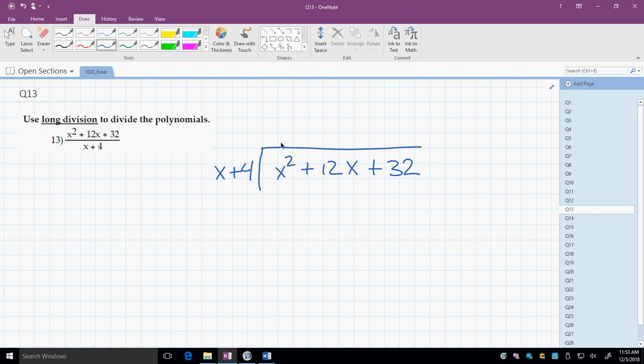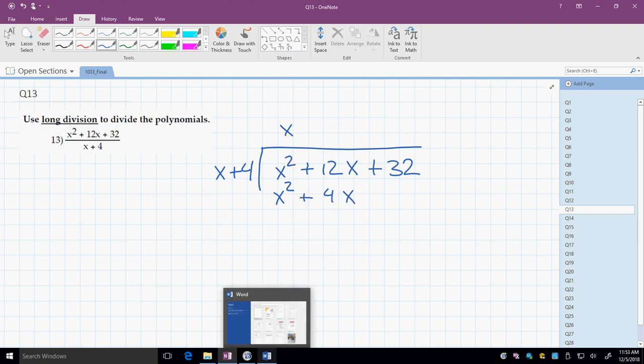We need x, right? x and x is going to give me x squared. And then I need to multiply the second term. x times 4 is going to give me 4x. Here the trick is that you need to remember you always need to flip the sign. So this is going to be a negative x squared and a negative 4x.